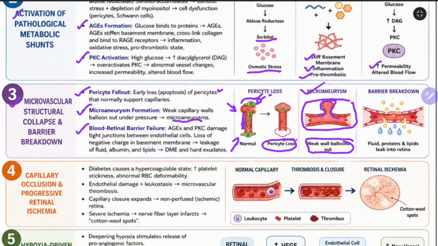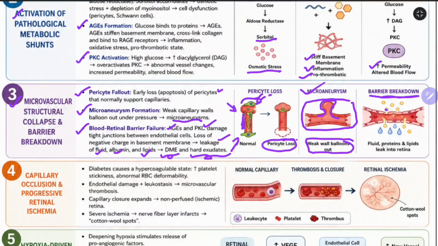Next, there will be breakdown of the blood-retinal barrier. So these AGEs and PKC damage the tight junctions between endothelial cells, with loss of negative charge in the basement membrane, that will lead to leakage of fluid, albumin, protein, and lipids. So that will lead to diabetic macular edema, that is nothing but accumulation of fluid beneath the macula, and hard exudates deposition in the retina. You can see here there is a breakdown of the barrier.